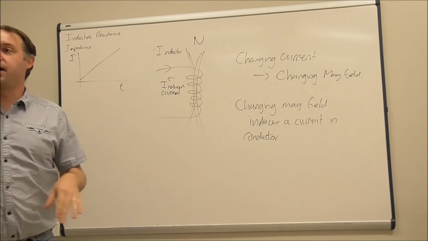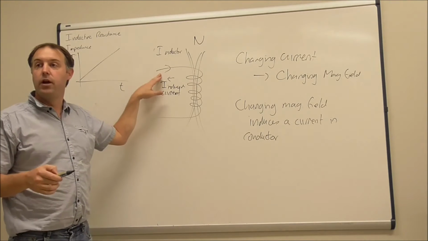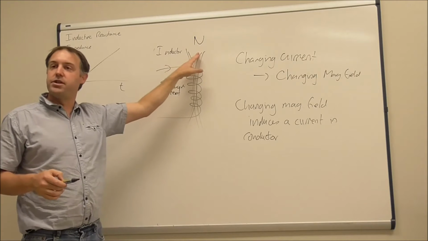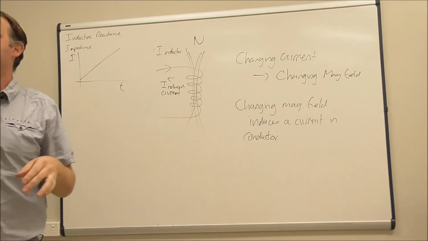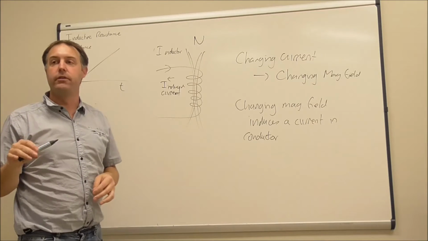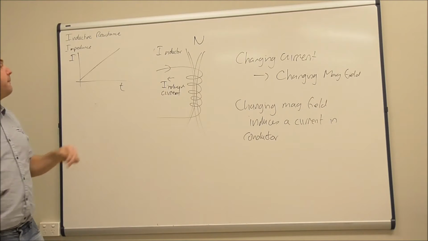If, however, I start to either increase or decrease that current, it changes this magnetic field, which will cause an induced current, but in the opposite direction to the change in that current. And it's going to have the effect of trying to cancel out that change.